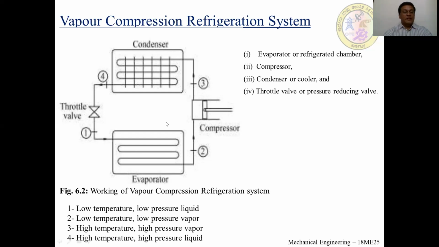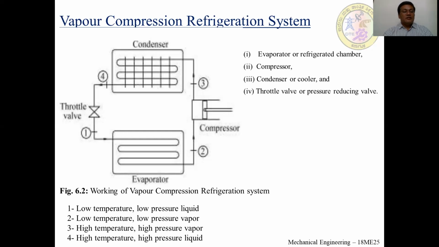Along with these components, in the schematic we have four different state points, and each state point defines the status or condition of the refrigerant with respect to the particular component. For example, at state point one, the refrigerant is a low temperature, low pressure liquid.